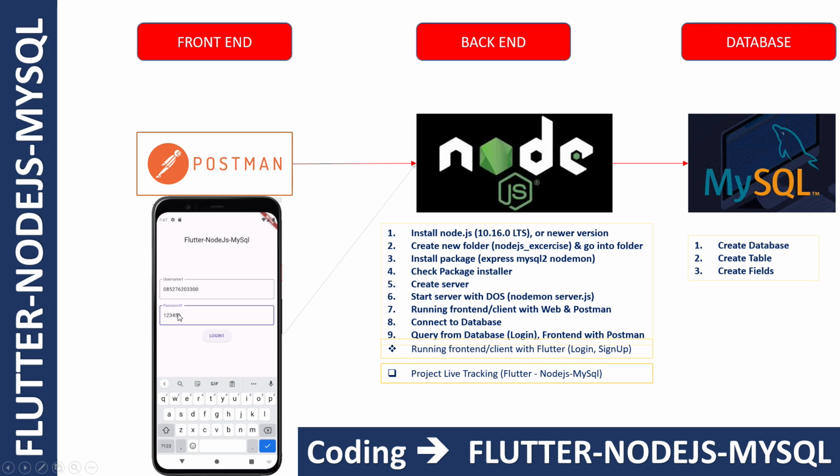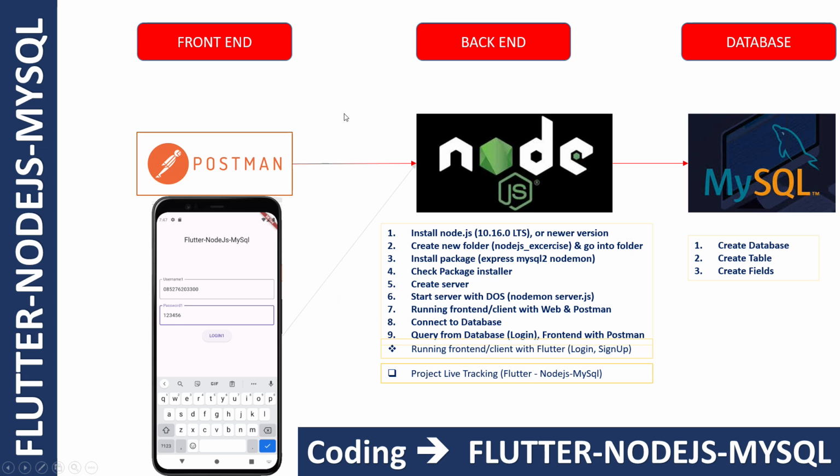Because we haven't developed the front end yet, we use Postman, because Postman can become a front end to make sure the backend is running well.